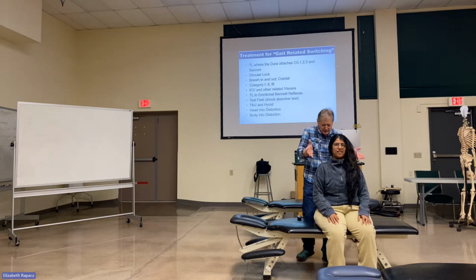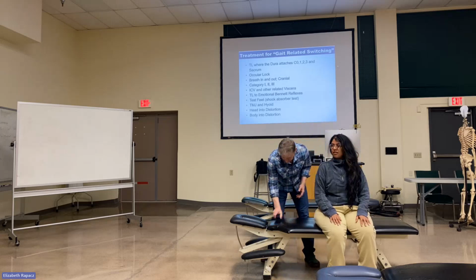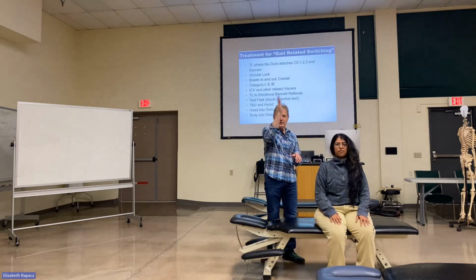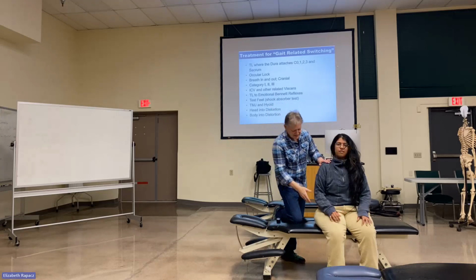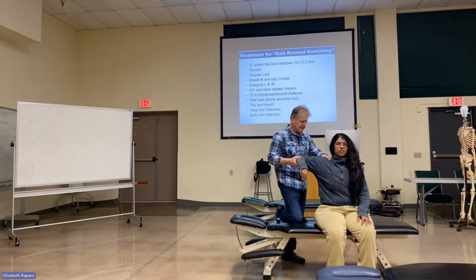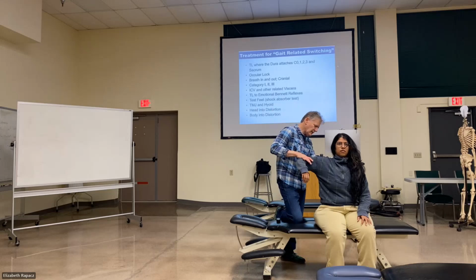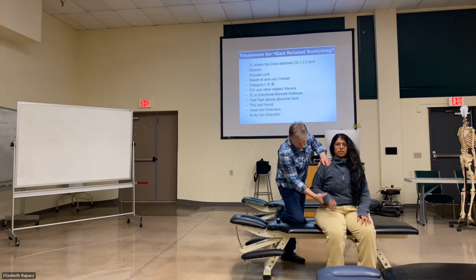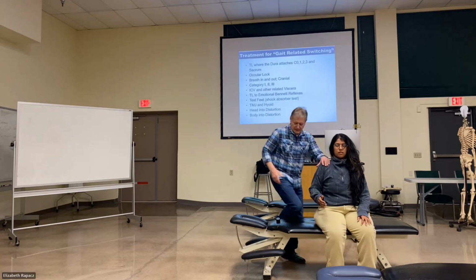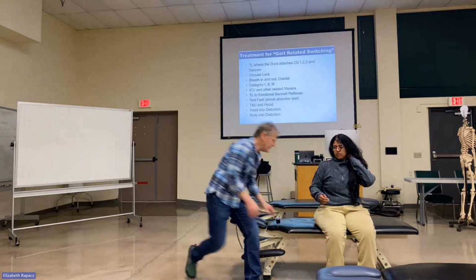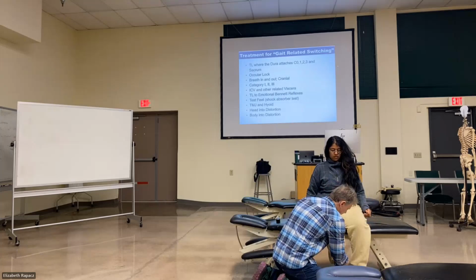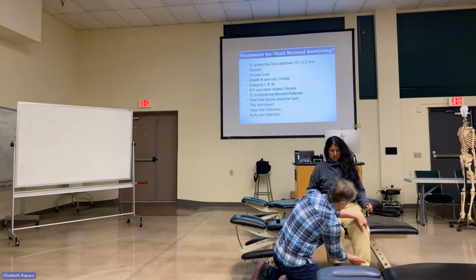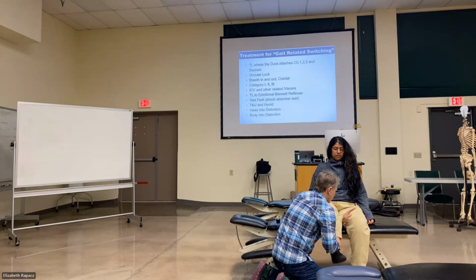So we got a curve, and all of us have a little bit of curve, right? I don't think you'd ever find a perfectly symmetrical spine. That's strong. That's not. Let's have you scoot back. I'm looking for muscles that are weak. Good.